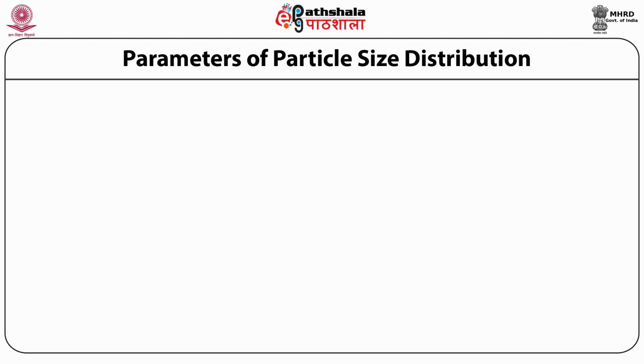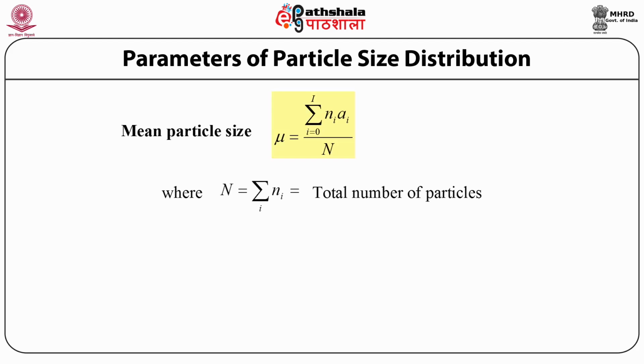The parameters for particle size distributions are mean particle size, variance, and skewness. The mean particle size can be represented as mu. Mu is equal to summation Ni Ai divided by capital N, where capital N is the summation over Ni, that is the total number of particles.